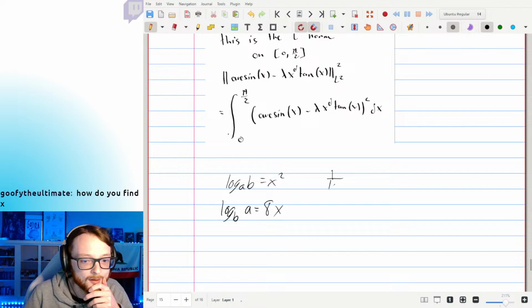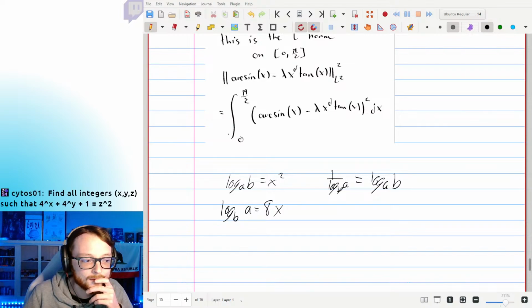Papadoria is suggesting this identity, but you're maybe not sure of it. How would you prove that identity? Like just do change of base?